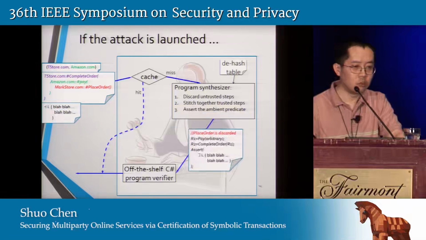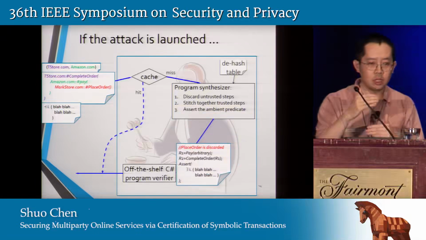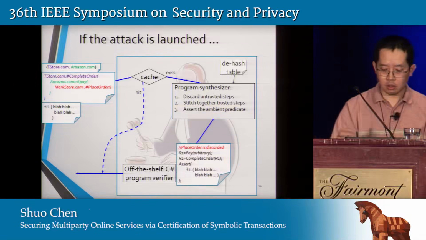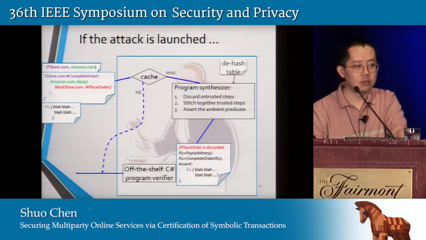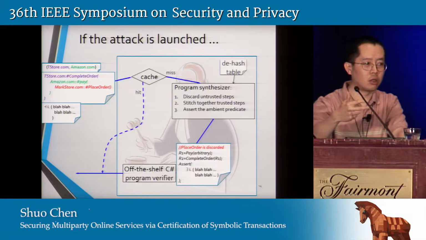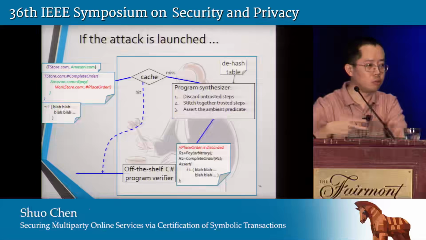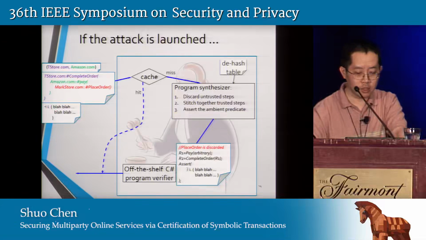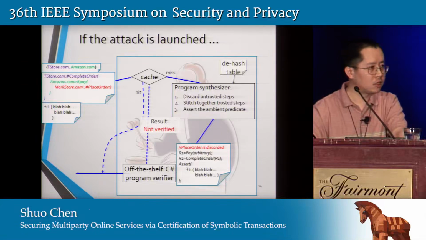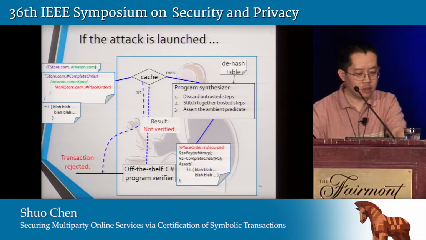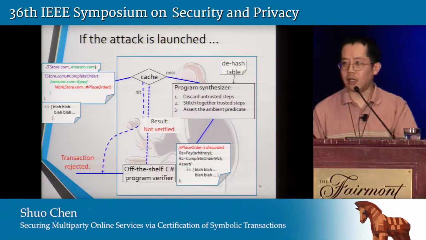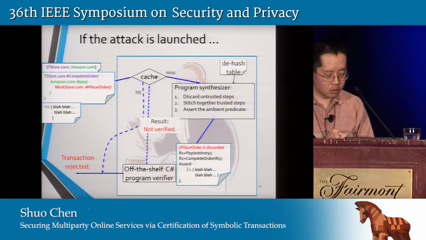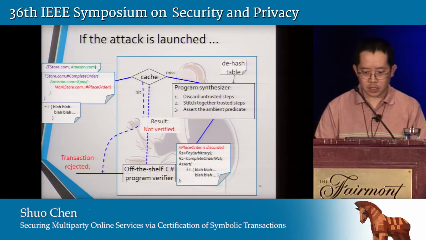As a result, when we synthesize the program, it only consists of the 2 method calls, and the first method is skipped. These 2 method calls are insufficient to imply the ambient predicate. So it is not verified, and this transaction is rejected. Okay? So I just explained how CST works, but very briefly.